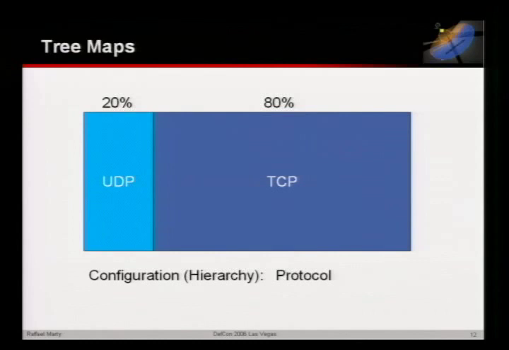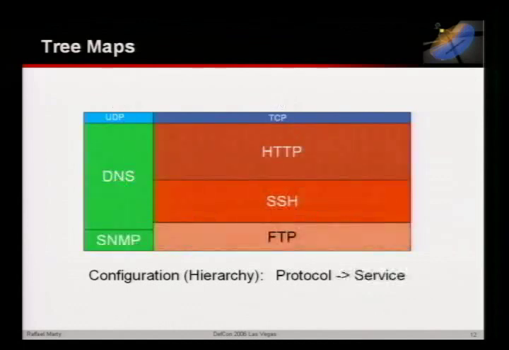Now, if I change the configuration to not just be the transport protocol, but I also want to see the service, then this space is subdivided and the protocols are shown inside. So for UDP, you might see things like DNS or SNMP, probably a ratio of 90 to 10. And on the other side, for TCP, you see the partitioning into all the TCP protocols you have.